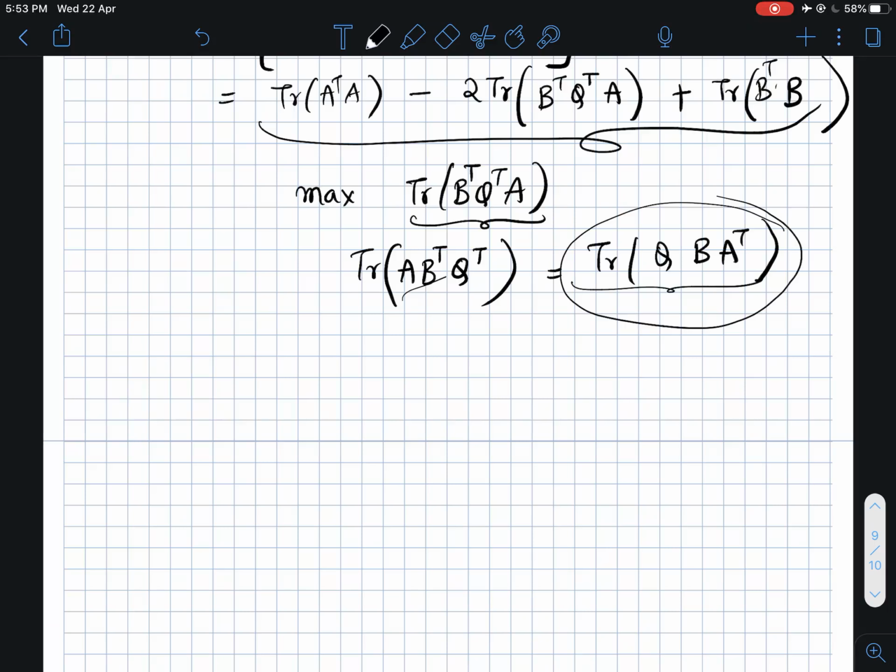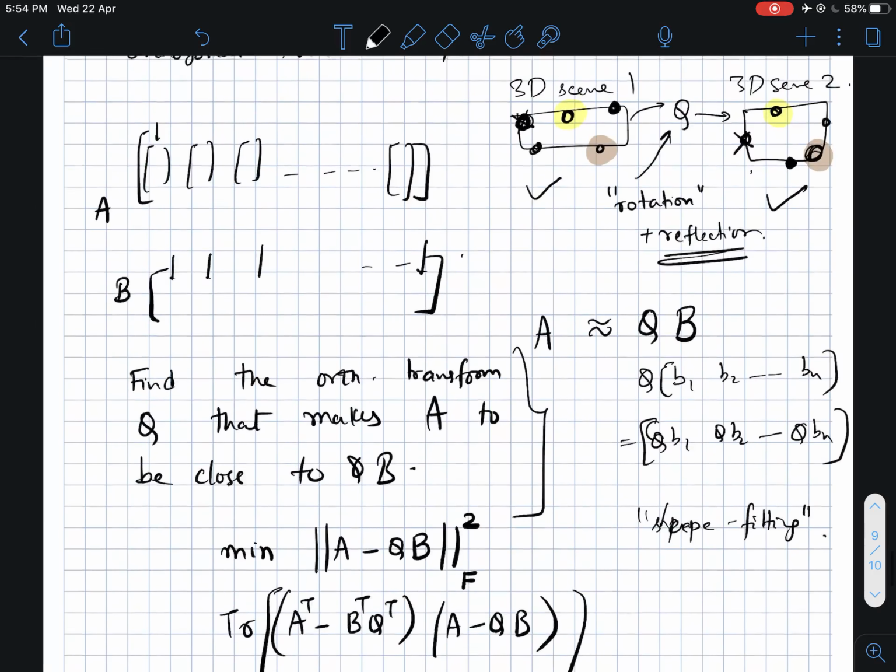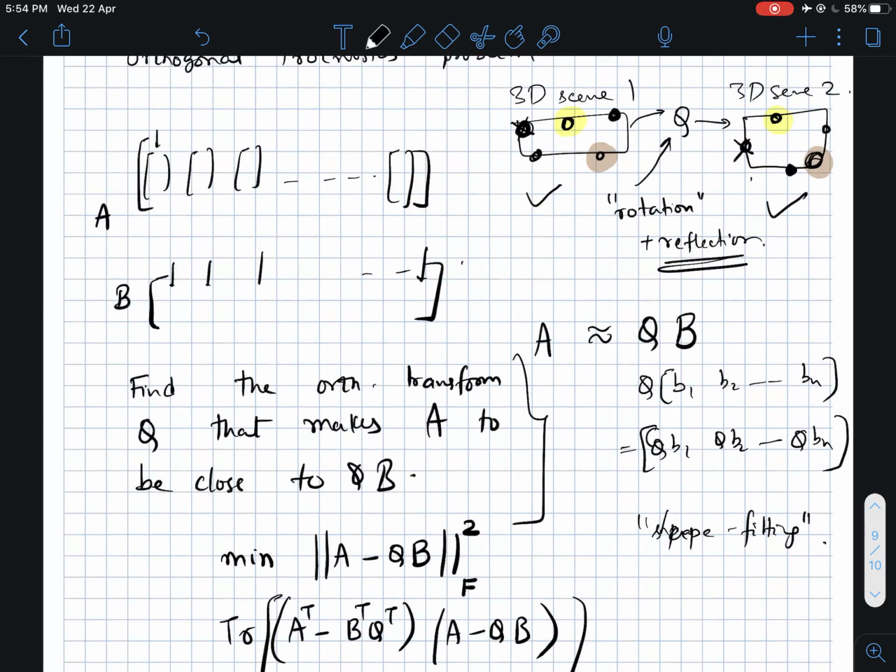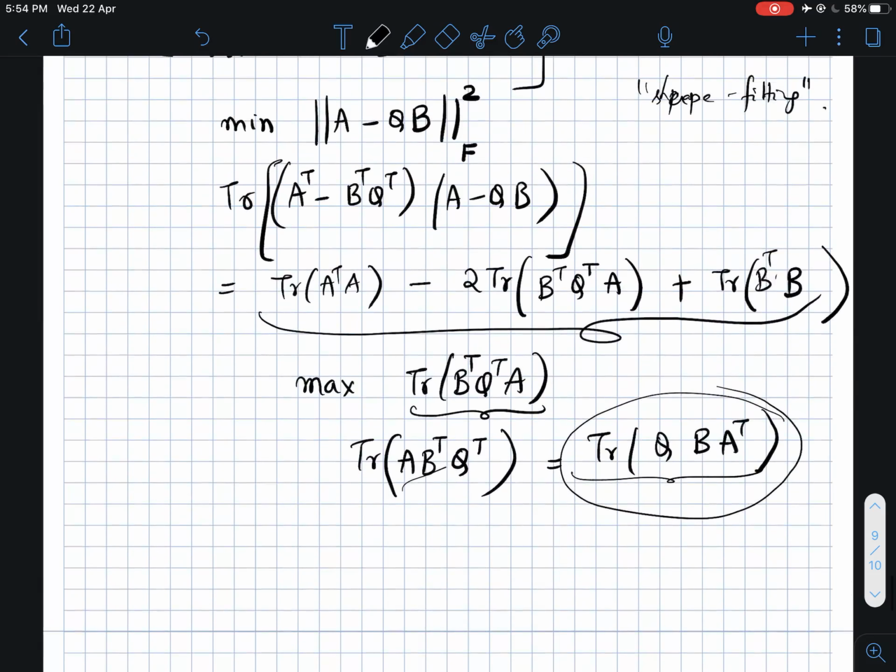As usual, when dealing with these problems, it's useful to talk of special cases first. By the way, I didn't talk about the sizes, but A here is an n cross m matrix. It's going to be a 3 cross m matrix if you're talking about 3D scenes. And B is going to be another 3 cross m matrix.